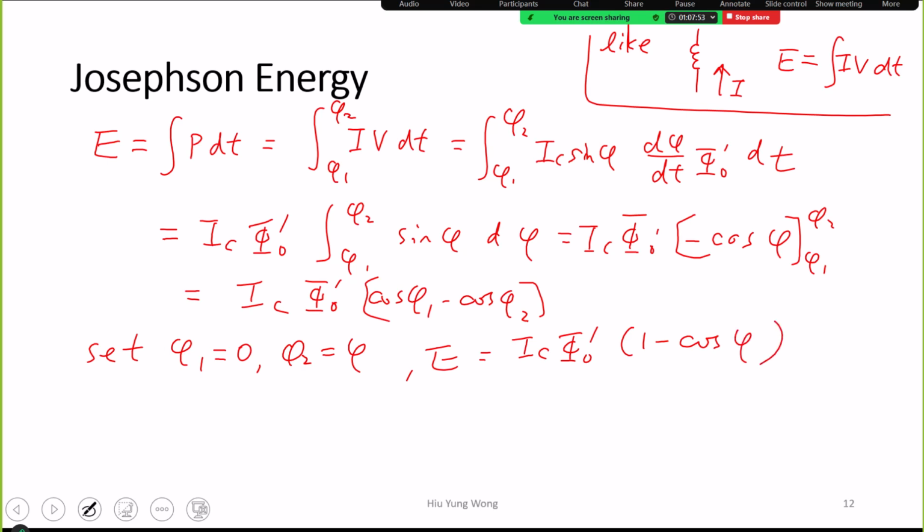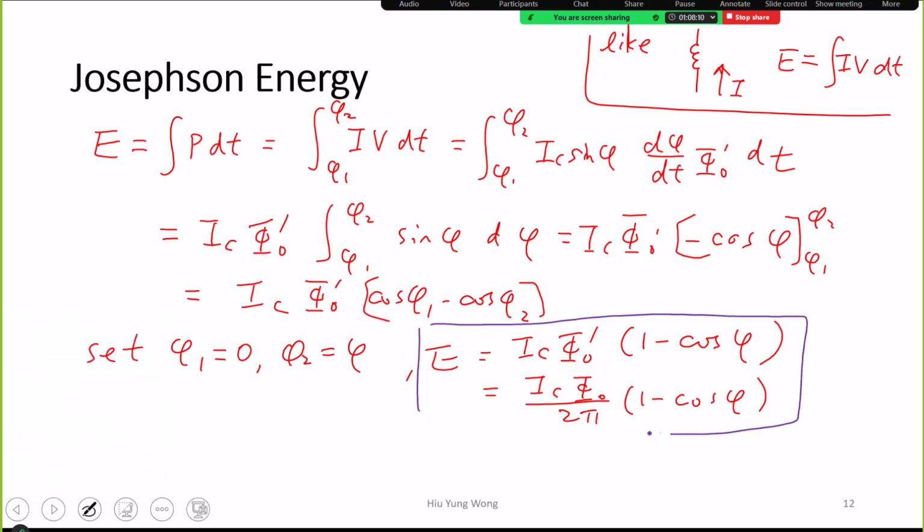And then I can try to make it into the quantum flux. So instead of the reduced one, I put it as over 2 pi. But you need to be careful when you read papers, right? Sometimes they put it as reduced flux quantum, sometimes they don't, okay? But the main point is that now I have the energy.